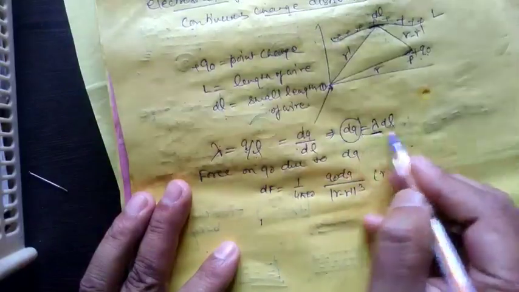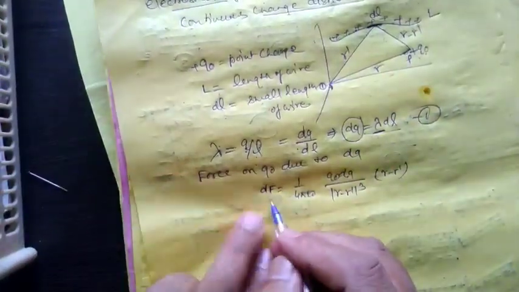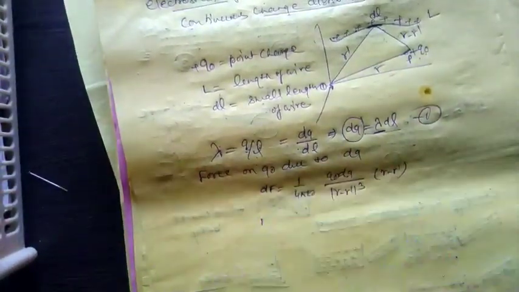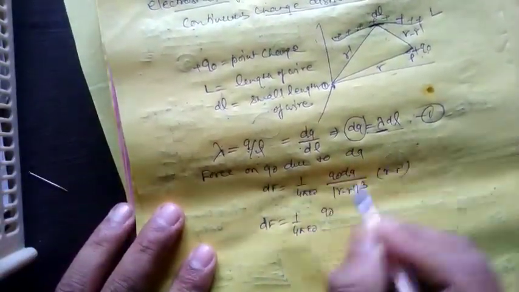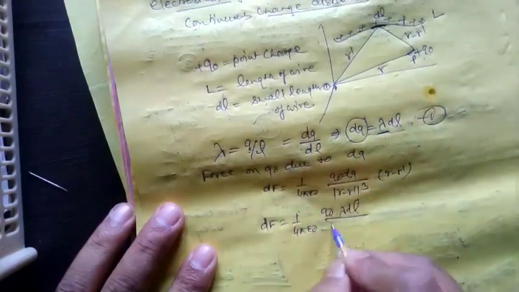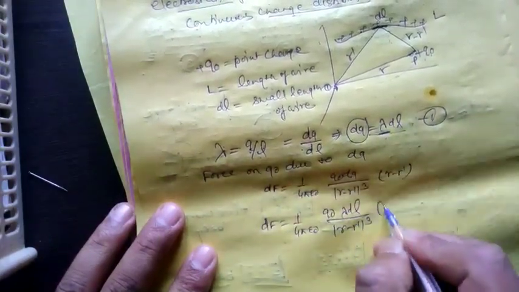As we know, with the help of Coulomb's law, dF equals 1 upon 4 pi epsilon naught, q0 lambda dl upon |r minus r dash| cubed, times (r minus r dash).